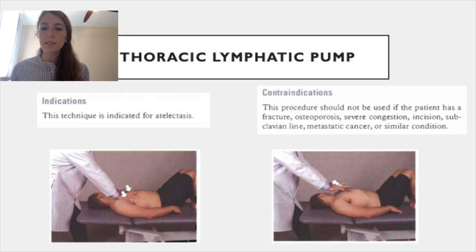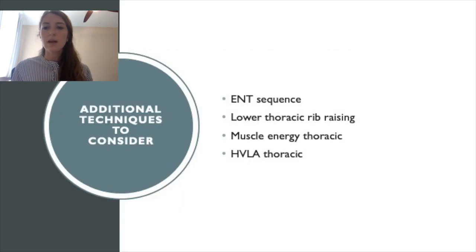For asthma and COPD, there are some other techniques that I listed on the next slide to consider that I didn't go over today. Again, I just wanted to keep it focused and something easy for you guys to remember. But some other things you can think about is an ENT sequence, especially for a lot of our asthma patients whose triggers are URIs.